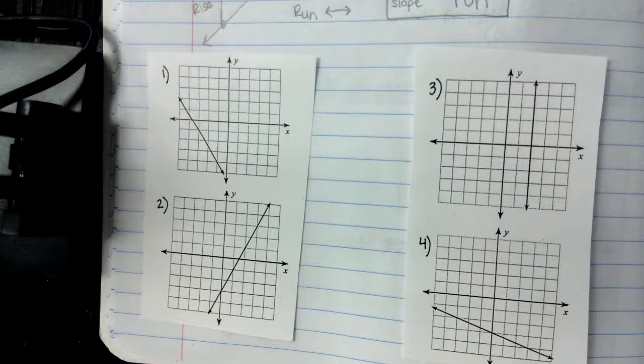Alright, and then there's glue sticks in your tubs. There's also scissors in your tubs. Glue those in.